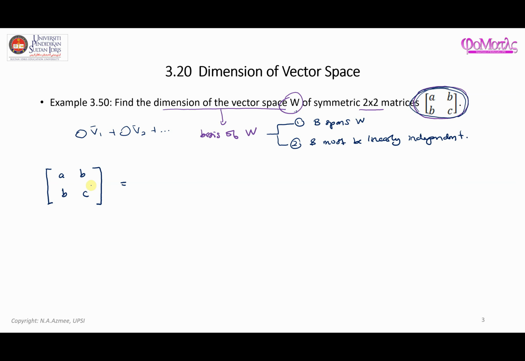In this case, we're going to have something times a 2 by 2 matrix as well, so that you get this result. So we need to find this stuff here because it will be the basis of W.